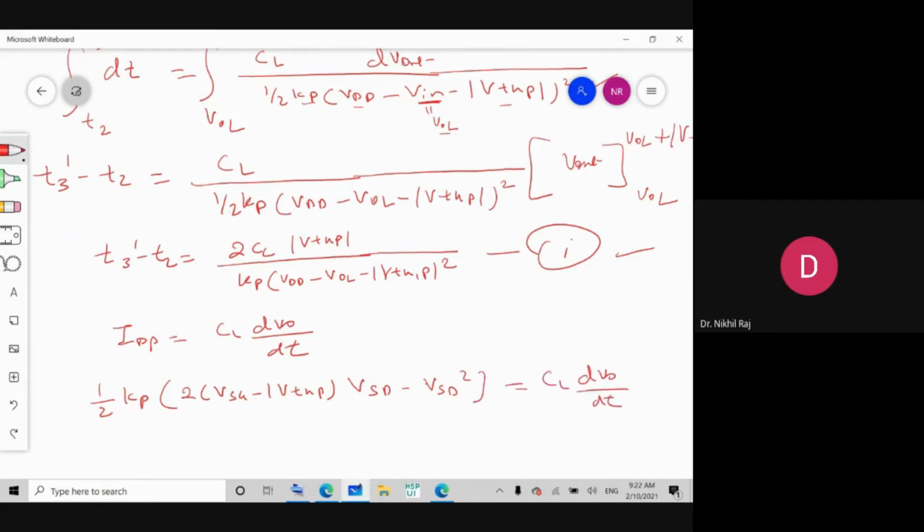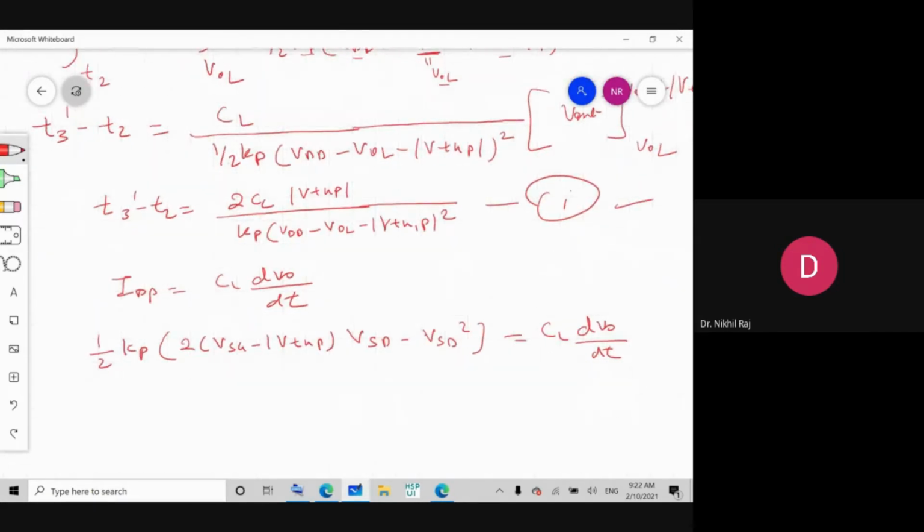The same process, dt you shift this side, so integration of dt will be equal to here CL. CL let us keep inside only, and this is half Kp 2 into, let's put a big bracket, VSG. VSG is nothing but VDD minus V in.